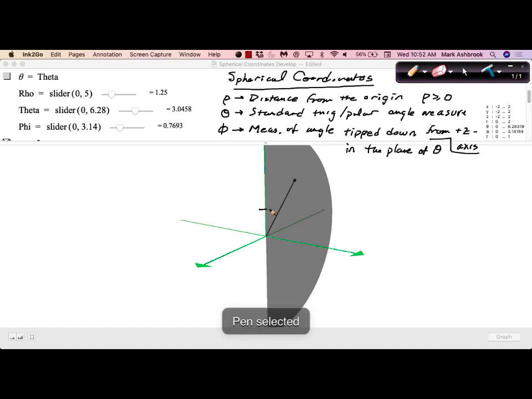This is the openness in the plane of the angle theta, tipped down from the positive z-axis. So those three coordinates, distance from the origin. In terms of the way we think about points, I kind of think of theta first, then phi, then rho.